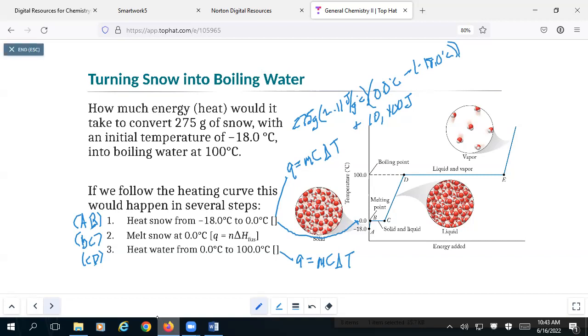For segment BC, we would be doing Q is equal to the number of moles n times the heat of fusion. Number of moles, 275 divided by the molar mass, 18.02, would give 15.3 moles.